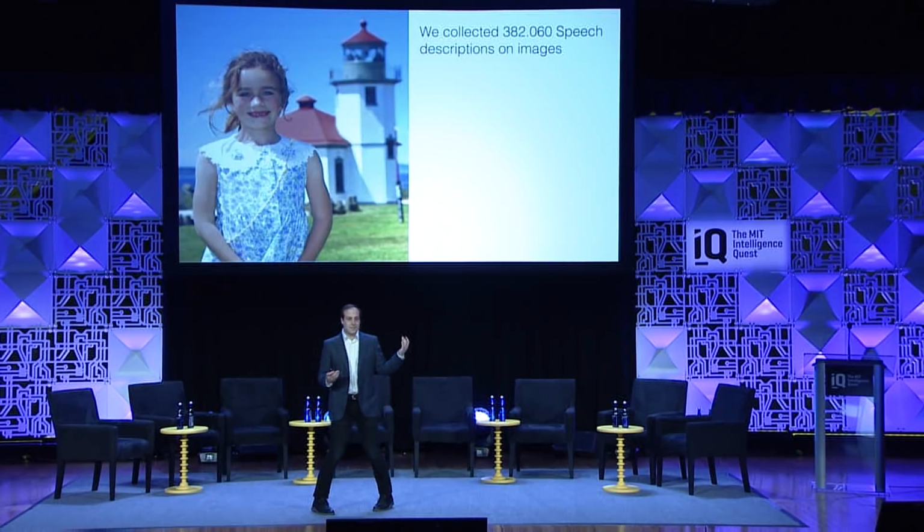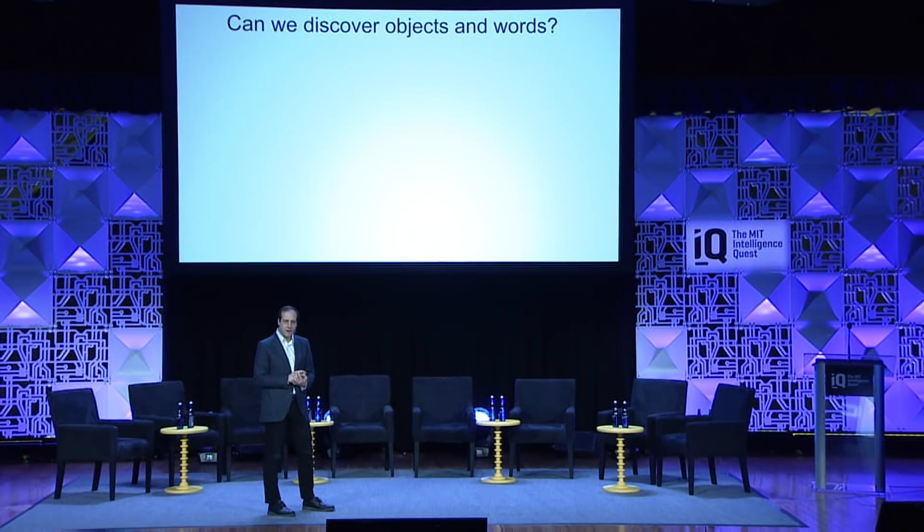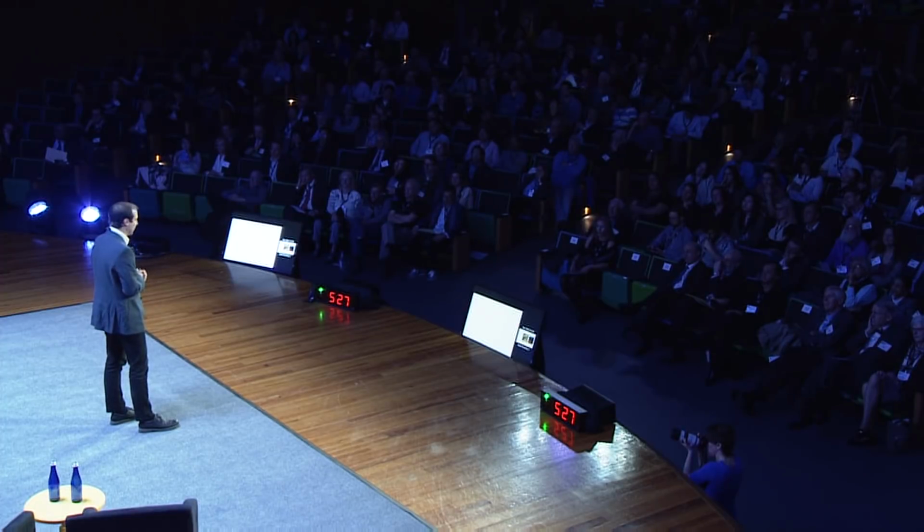So David collected hundreds of thousands of pairs of images and descriptions of the content of the picture. And there were no specific instructions. People just had to talk about the content of the picture. So now the challenge is, can we build a system that will be able to identify both objects in images and words in the raw speech signal without any additional supervision?